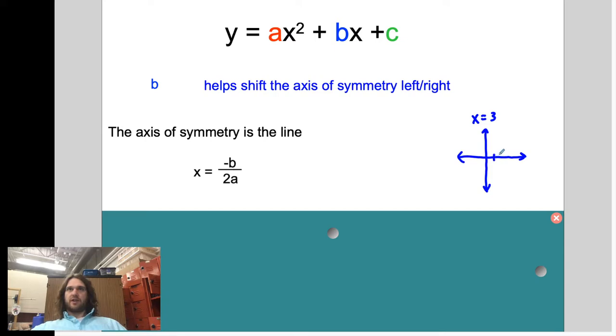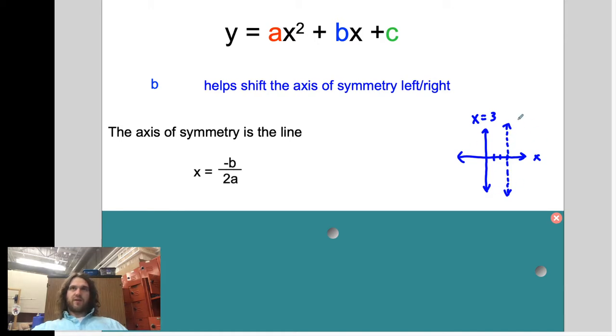And the line x equals 3 is a vertical line that travels through the x-axis at 3. Really, it's a collection of all the points that have the x value 3.